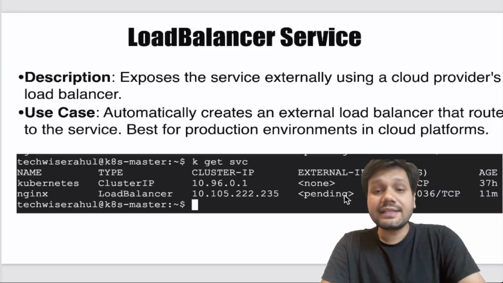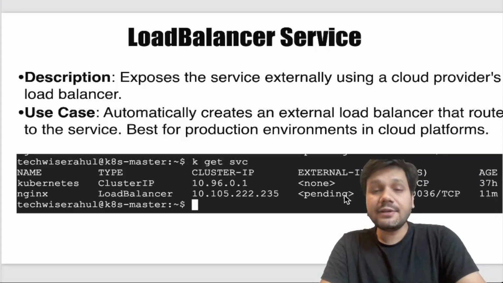It means that my setup is running on GCP VMs, but I haven't enabled a load balancer on that. That's why the external IP is showing as pending. When I enable it, an external IP would automatically be associated, and we can access our application on that external IP or on this port. So this is the information about the load balancer service.